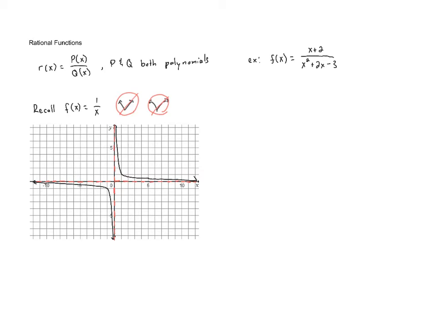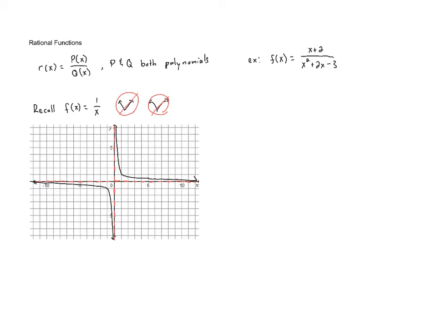Now, this is a graph that we've seen before on multiple occasions, but what about the graph of the example function over here? x plus 2 over x squared plus 2x minus 3. Because it's a rational function, it's likely to have asymptotes, just because I told you that graphs of rational functions will usually have asymptotes. But the question is, where will the asymptotes be?